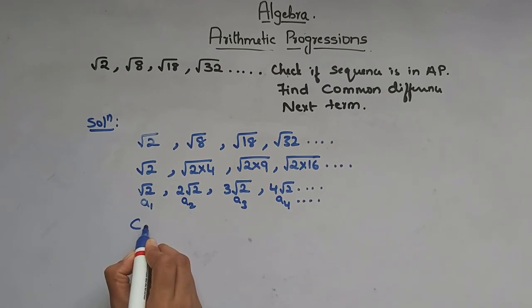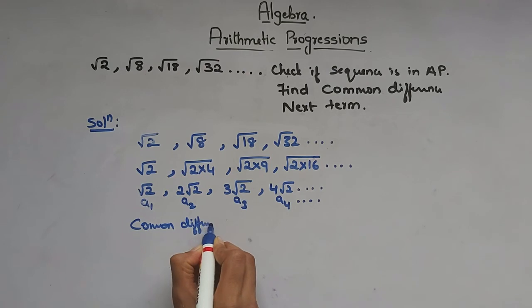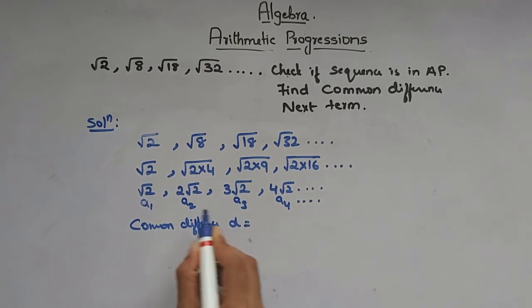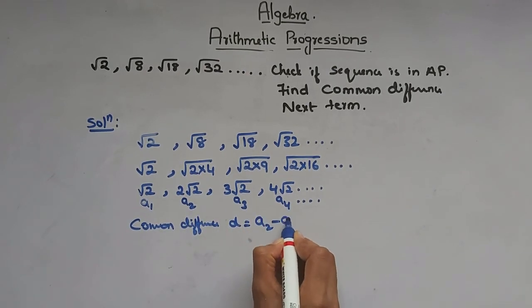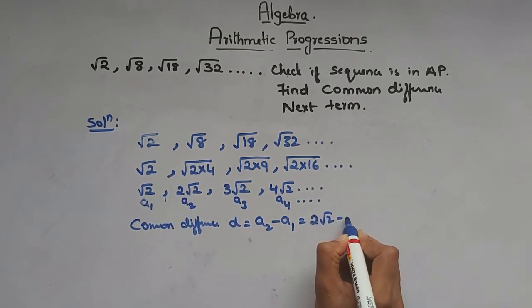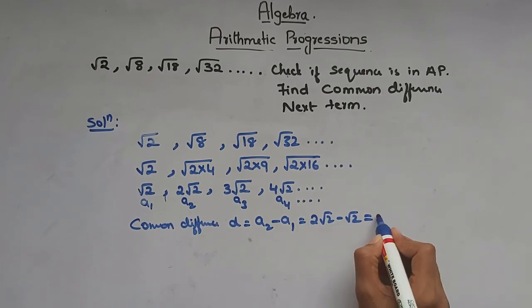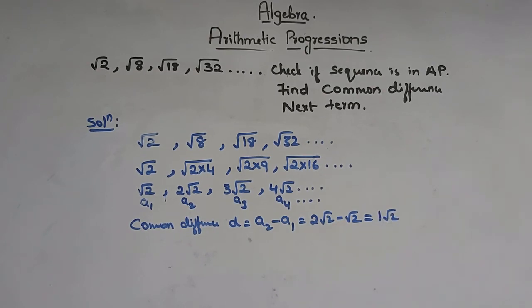So common difference d is equal to a2 minus a1. Here a2 is 2 root 2 minus root 2, which will give you 2 root 2 minus 1 root 2 is 1 root 2, right? Similarly, common difference between a2 and a3. So d is equal to a3 minus a2.